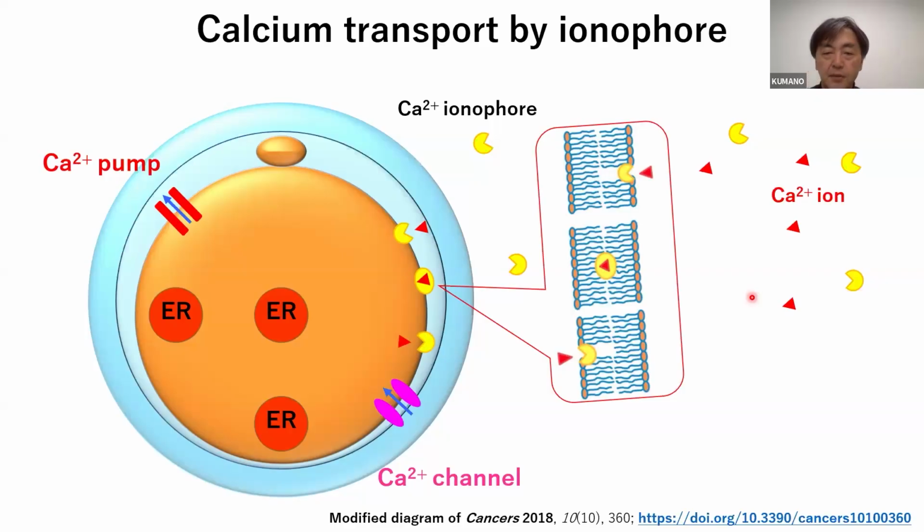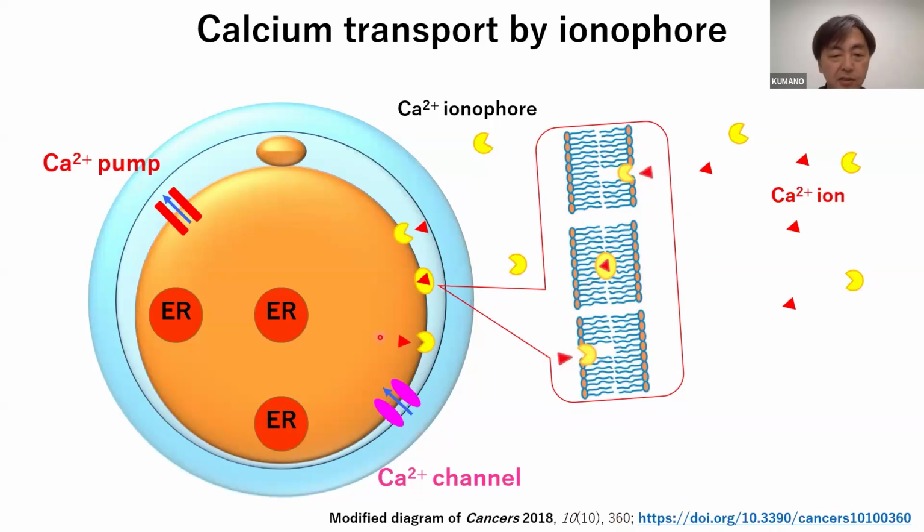Here is a magnificent figure referred from this paper. As I mentioned, the ionophore comes into the plasma membrane, binds the calcium ion, moves from the outside to the inside of the plasma membrane and releases the calcium ion like this.